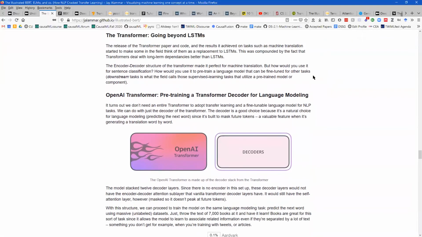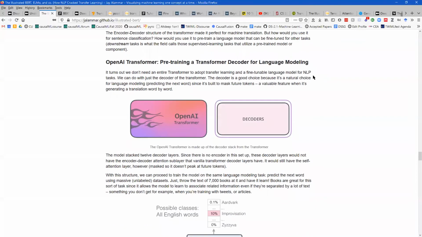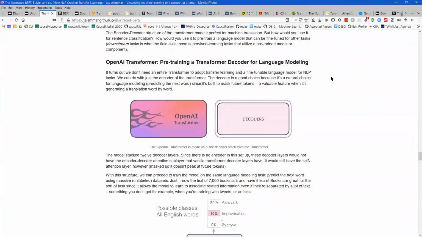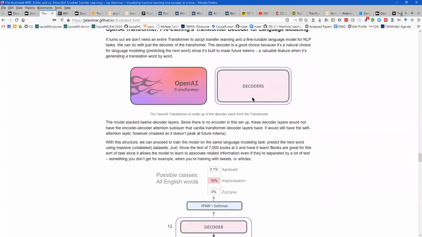Then OpenAI came along, and it says that OpenAI is trying to do language modeling, and it works with a pre-trained transformer decoder. So does anyone know much about the OpenAI model? Okay, well, we're just going to get a high-level look at it here.